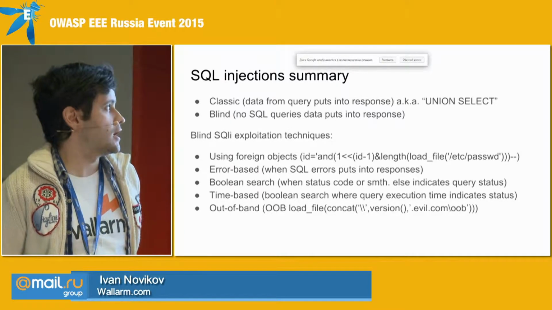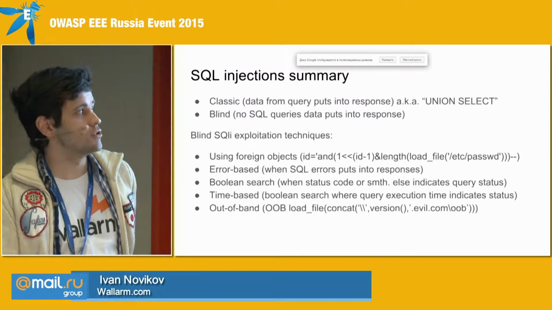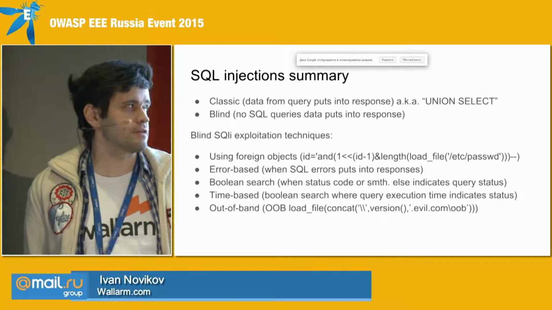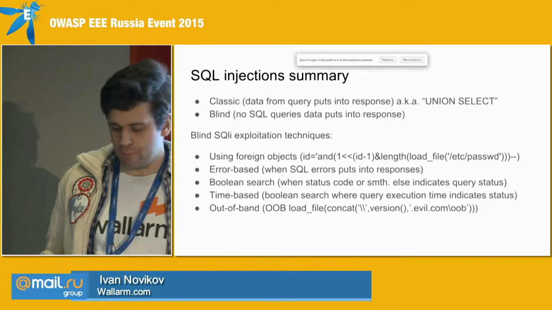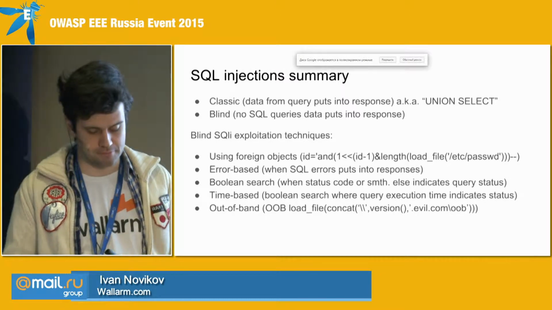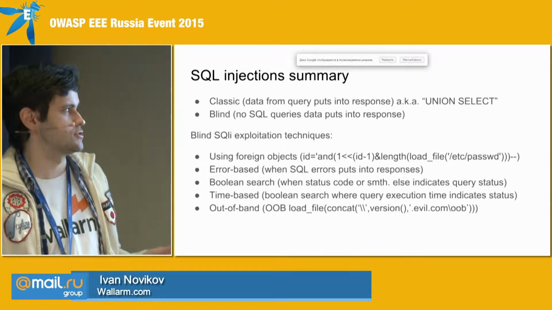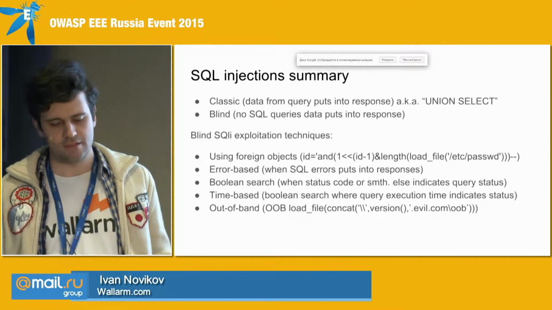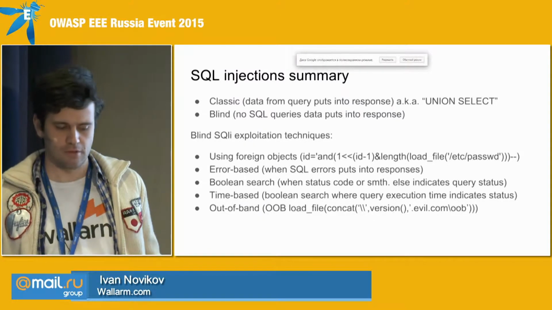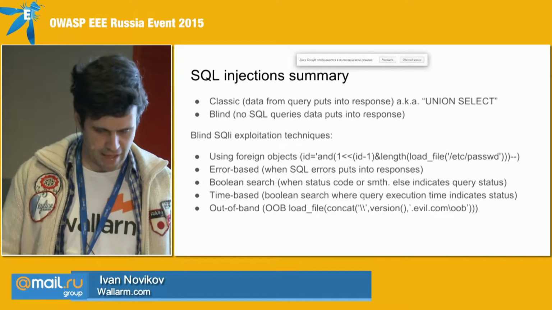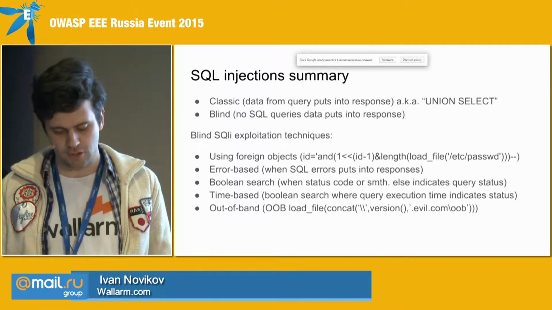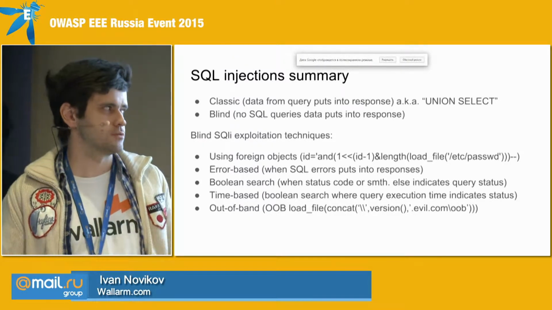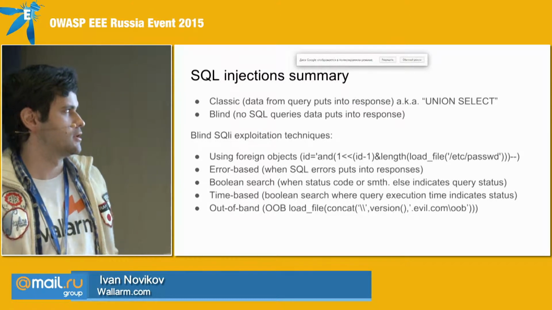Another way is time-based. It's also a Boolean search method, but it's based on different delays from the server. When your query results in a good or, on the other hand, bad case of execution, the time from this query can be huge or small.